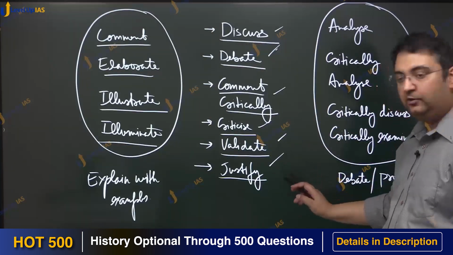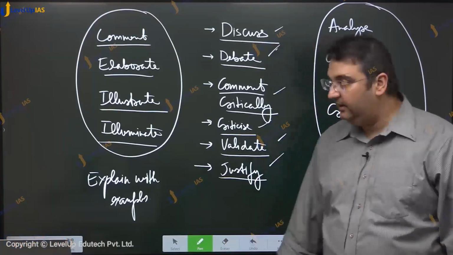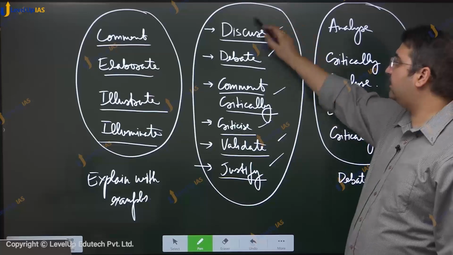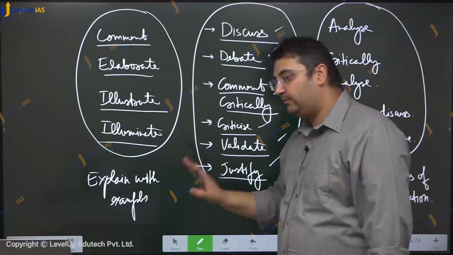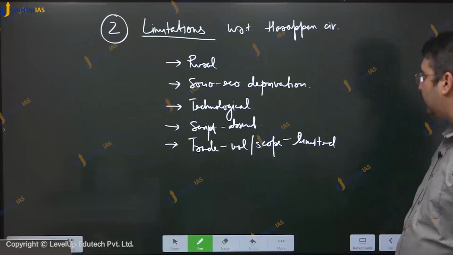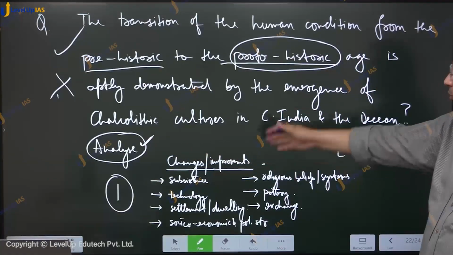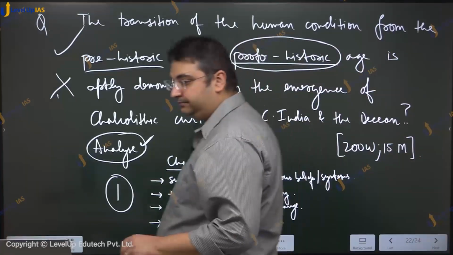Validate, justify same होते हैं. That means you have to validate whatever has been suggested by the examiner, by the question maker. ठीक है? So these are the ones which fall in the middle category. समझ में आया? Because the question is asking me to analyze, I know that I will have to debate this predicate. ठीक है शुभ्रनिल?